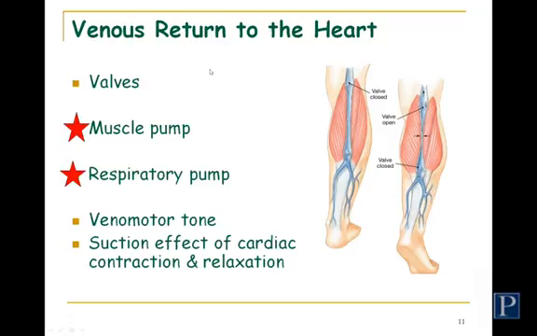What we have here are some means by which we try to ensure we have blood going back to the heart from the venous system, because the venous pressures are generally not all that high. And we have to go against gravity. We have to move that blood from the feet back up. So what ways can we ensure that we're going to get blood back to the heart?